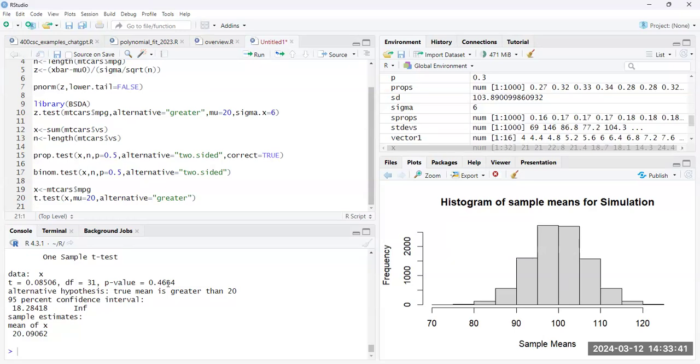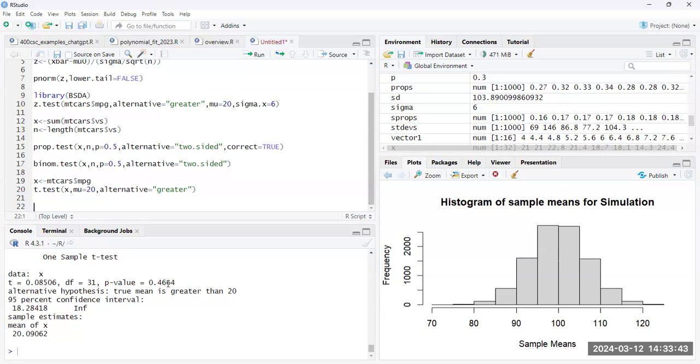Now, another thing that we can test when we're doing these hypothesis tests is that, particularly for the z-test and the t-test, we do make the assumption that the data is normally distributed. So we may want to look at the normal probability plot and see how closely it is normally distributed or not.